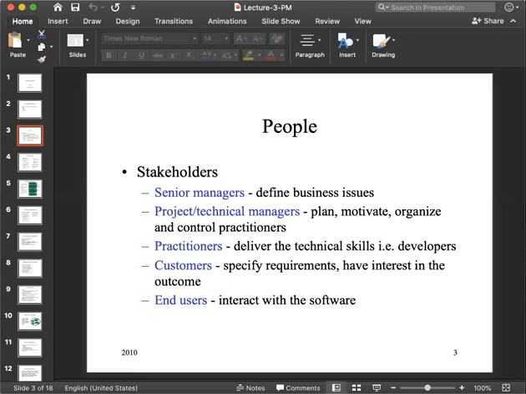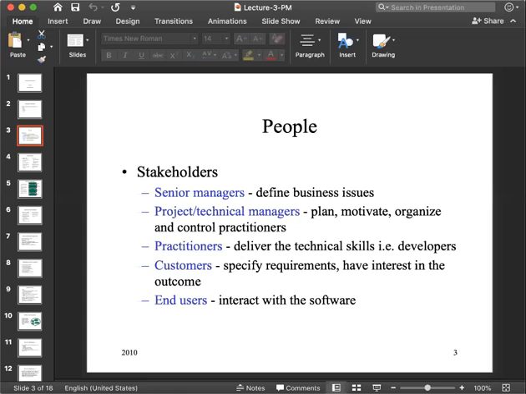Then there could be the customer, those who actually give us the order to build a project, to build a software. The customer may not be the user; the user could be a different person, different from those who give us the requirements or the order.